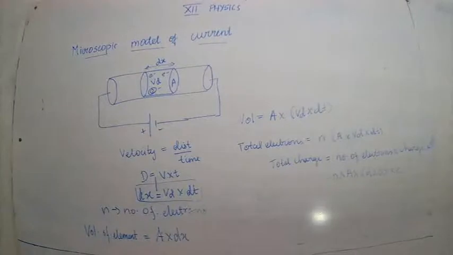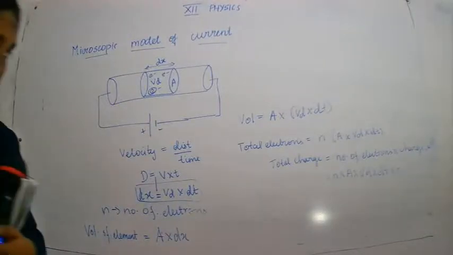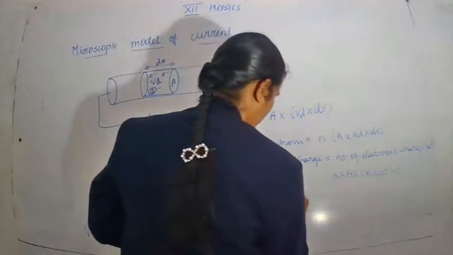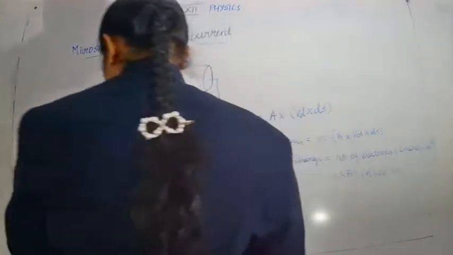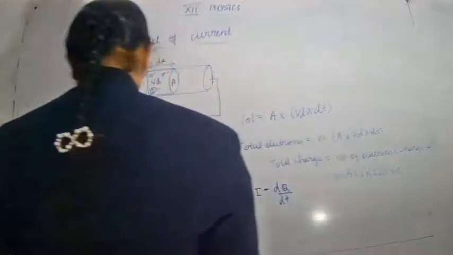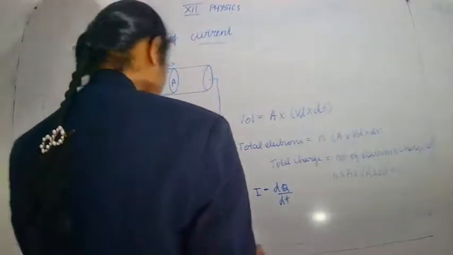Now, current is equal to charge by time. Current is equal to dq by dt.